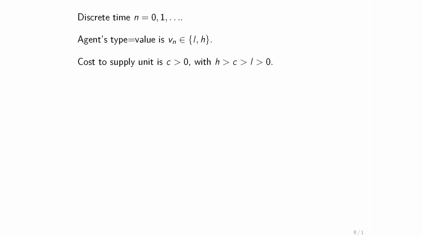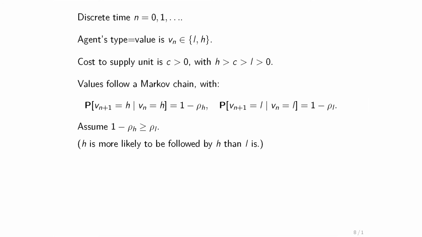So that means the agent always wants this unit, but the principal wants to supply it if and only if the value is high. Now, the value follows a Markov chain with one period of memory. So conditional on my value in period n being high, my value in period n plus 1 is high with probability 1 minus rho h. So rho h is the probability of mutation conditional on being a high type today.